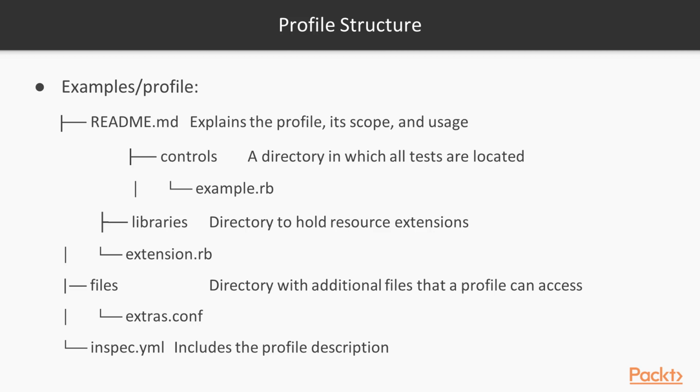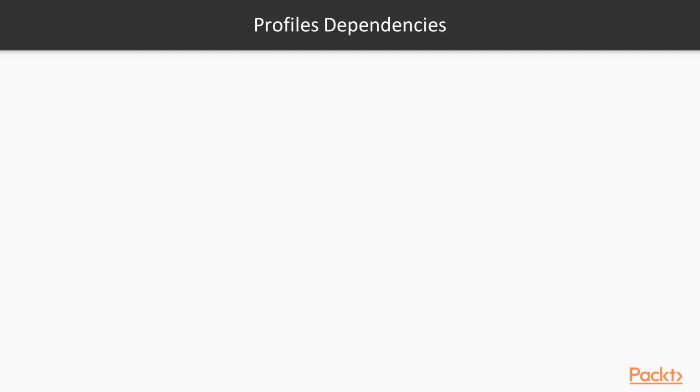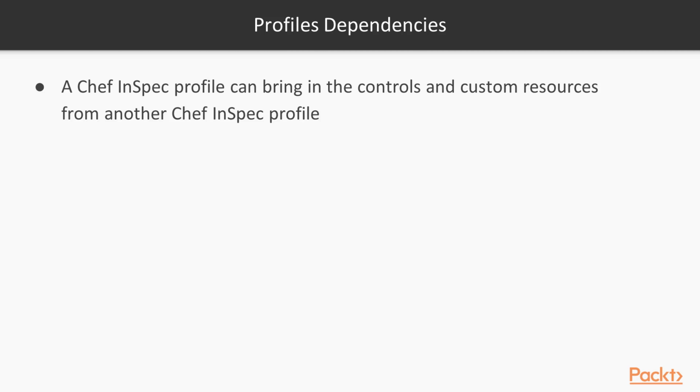We can use the Chef InSpec check command to verify the implementation of a profile and the InSpec exec command to execute a profile. Let's understand what we really mean by profile dependency. A Chef InSpec profile can bring in controls and custom resources from another Chef InSpec profile.